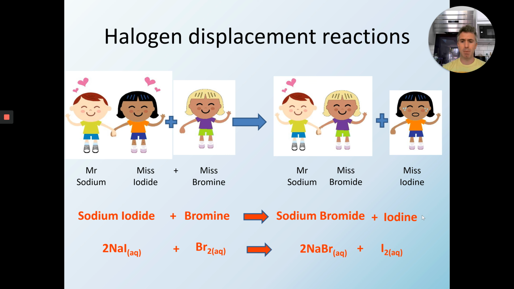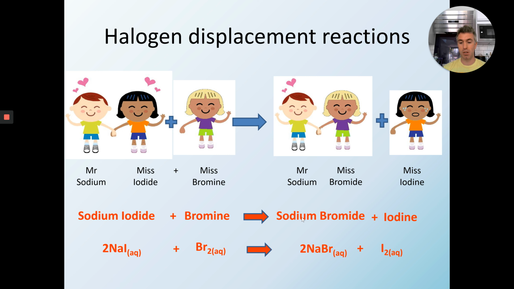So a displacement reaction is when you have a compound. There we have a nice compound here of something and a halogen. Normally something like a group 1 and a halogen. Sodium iodide compound. If you throw another halogen into the mix, and that halogen is more reactive than the one already bonded, that halogen will steal what it was bonded to.